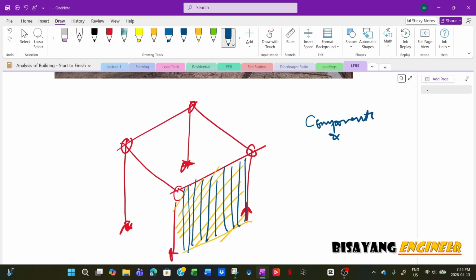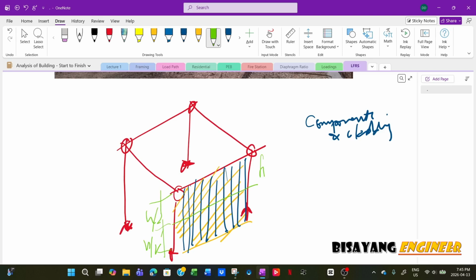We already discussed this one. The load is applied to the glass and then resisted by the mullion. Now this is height h, so half of that is h over 2, and this is also h over 2.